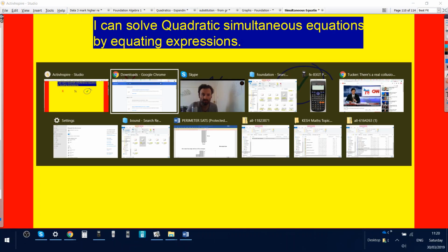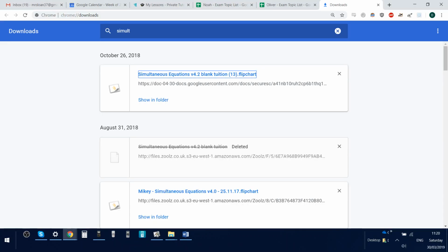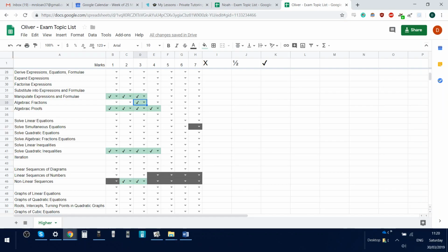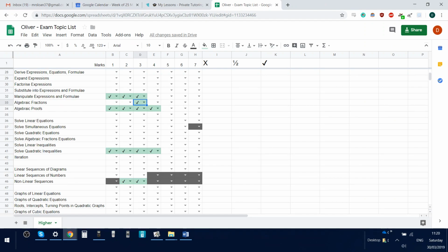And you're also good for quadratics. So we just did solve simultaneous equations up to 6 markers. Let's assume you're good for linear, good for quadratic. We did solving algebraic fractions, didn't we?